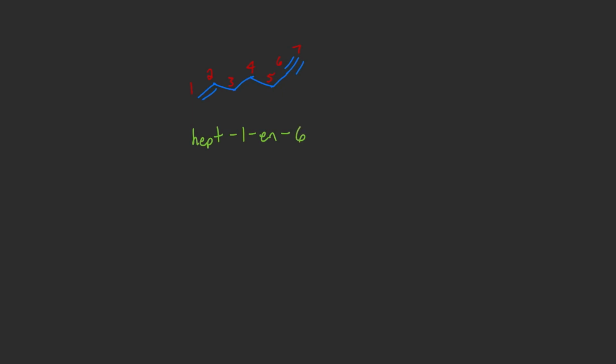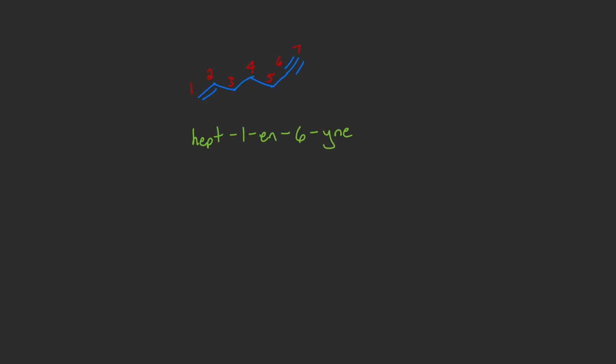So we'll start with carbon 6, and then we write our yne. So when an alkene and an alkyne are present, we have hept-1-en-6-yne. You can also call it an ene-yne, indicating that there is both an alkene and an alkyne in the molecule.